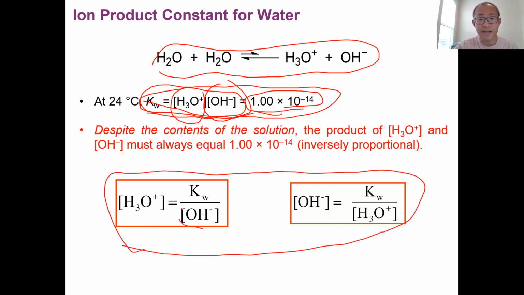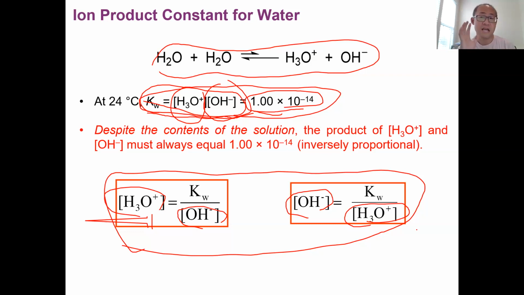If you know the hydroxide concentration, you can use Kw divided by the hydroxide concentration to get the proton concentration. Or if you know the proton concentration, you can use Kw divided by the proton concentration to get the hydroxide concentration. They are inversely proportional, just like A times B equals a constant.